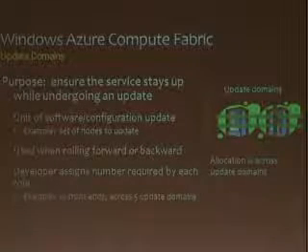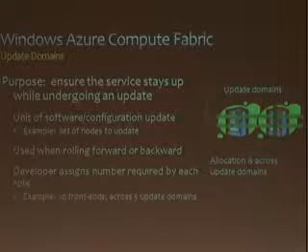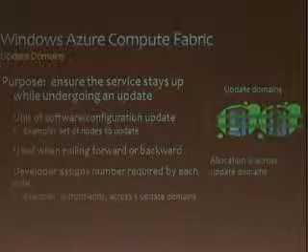So again, it's giving you a lot of built-in functionality for how you manage your service, how you hide faults, and how you isolate yourself from both updates and failures that might occur over time.